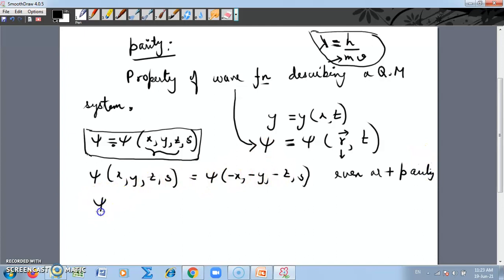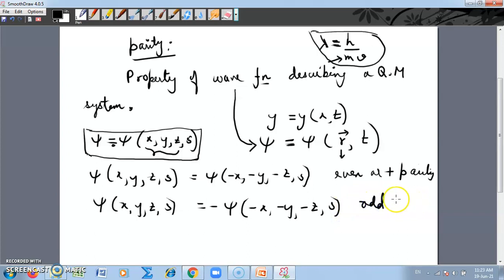But if psi(x, y, z, s) is equal to minus psi(-x, -y, -z, s), then we say that the system has odd or negative parity.